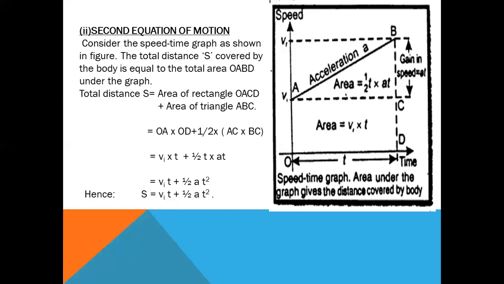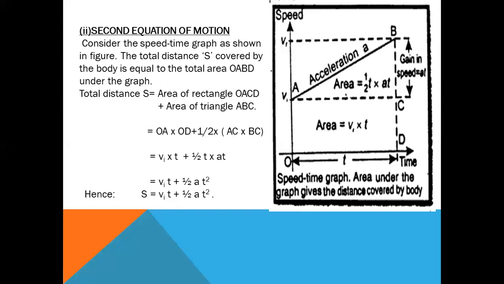Area of rectangle OACD, this is a rectangular part of the graph, plus area of triangle ABC.